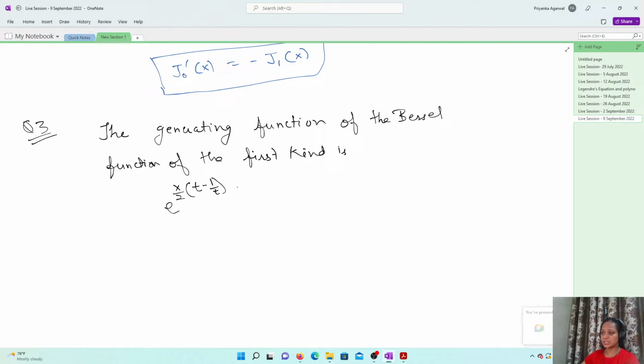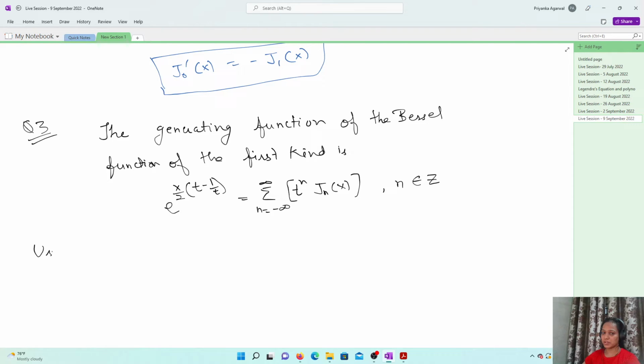So this we have already seen in the first question, how to derive this generating function, where n belongs to Z.